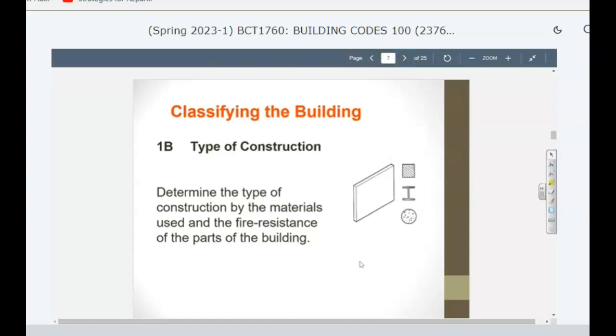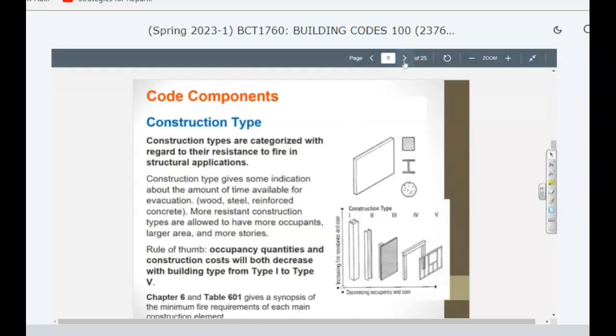1B, the type of construction. Determine the type of construction by the materials used and the fire resistance of the parts of the building. Construction types are categorized by their resistance to fire and structural applications. Construction types give some indication of the amount of time available for the evacuation.